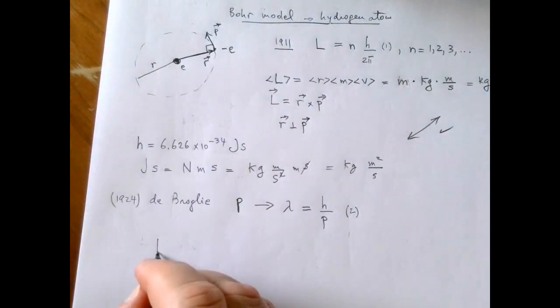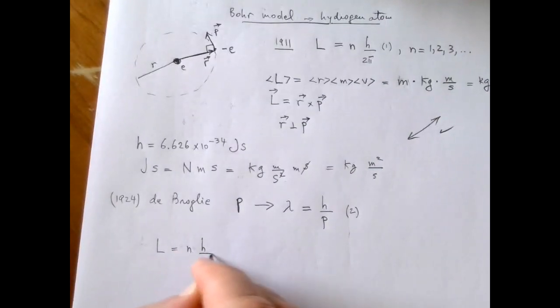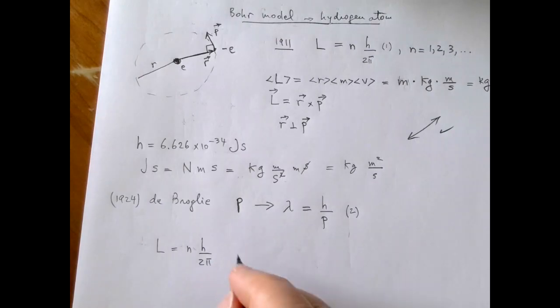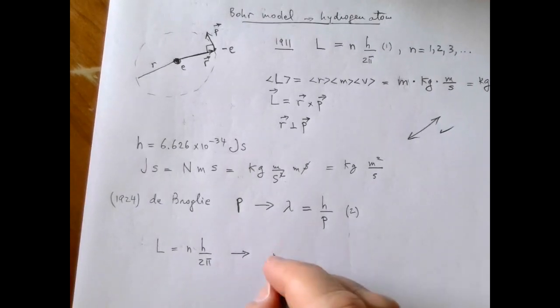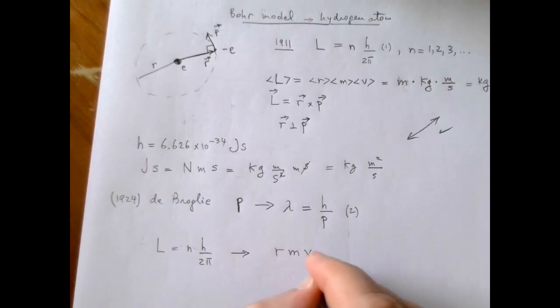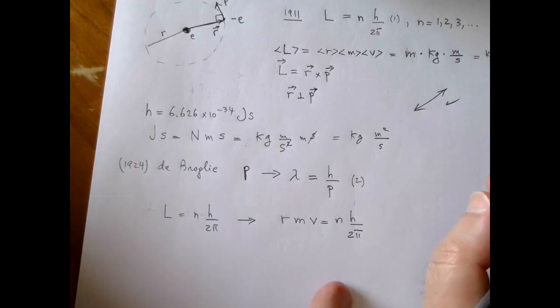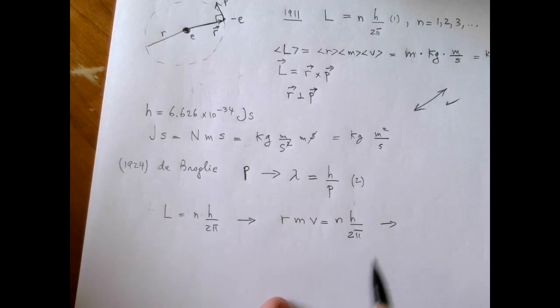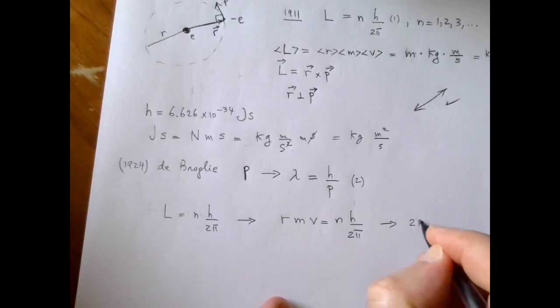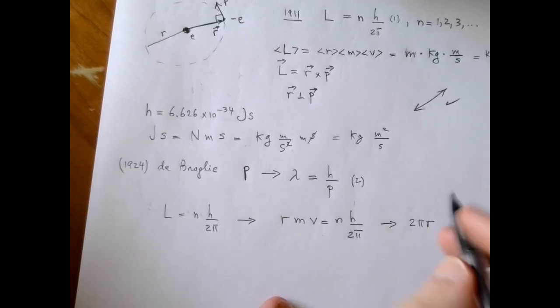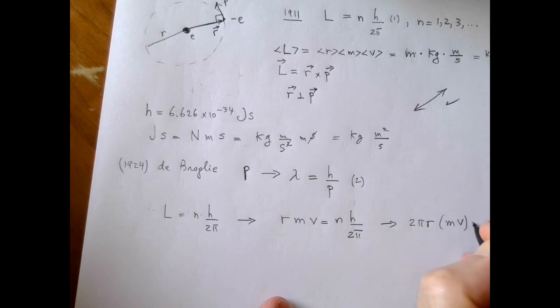So L is equal to nh over 2 pi. This becomes r m v equals nh over 2 pi. Angular momentum, as you saw, is r m v. Or we can continue: 2 pi r (mv) is equal to nh.